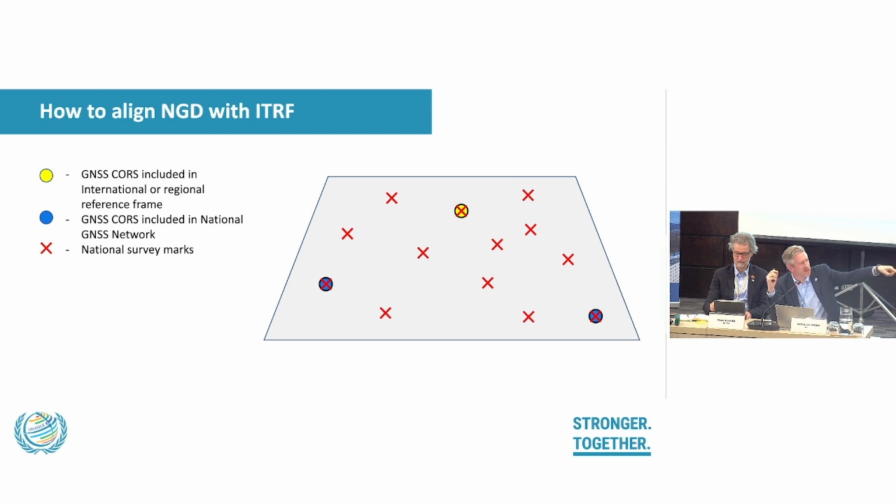Let's say the red crosses are national survey marks in your country. The blue ones represent ones where you have a CORS station, a national GNSS CORS on it, and the yellow one represents one of those cores that you put into ITRF or into IGS or SIRGAS. So you're linking your international work with your regional work and then getting that information down to the survey marks on the ground.